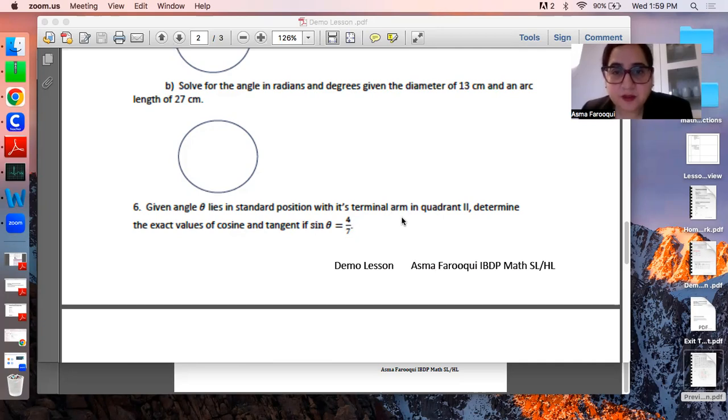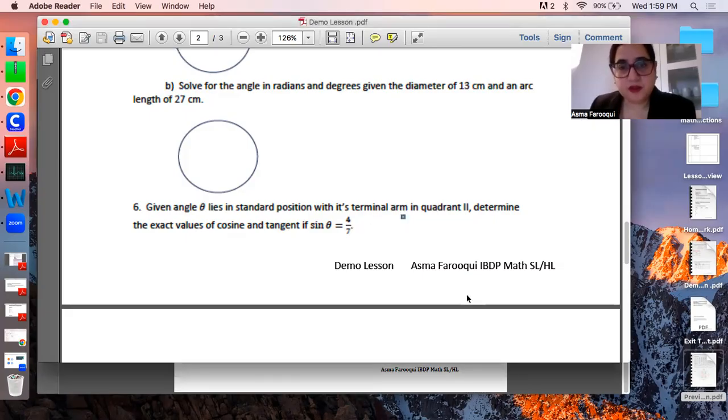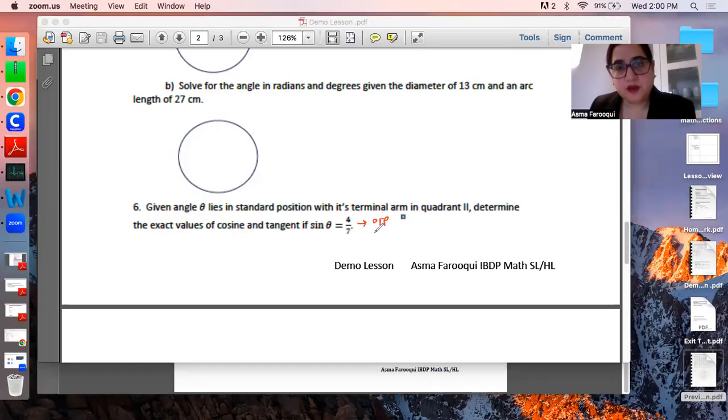Sine theta is nothing but your opposite over hypotenuse. So sine theta is opposite over hypotenuse, which means my opposite side is 4 and my hypotenuse is 7.